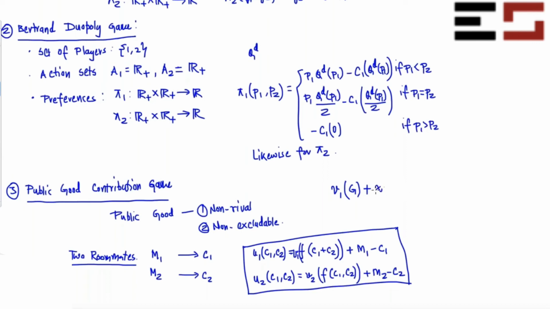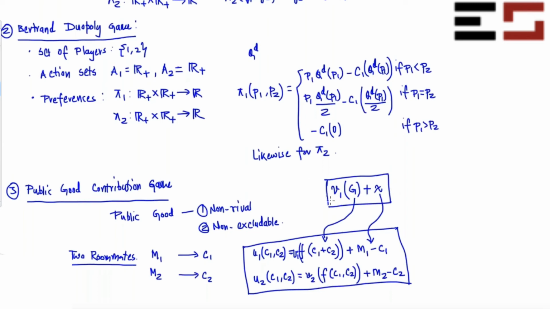whatever is the money that he's consuming. You can call that x. So it's actually a function of v1, which is a function of the public good, plus x. Here g is basically this, and x is this. So x is the amount that he gets to consume, and g is the public good that he gets to consume.